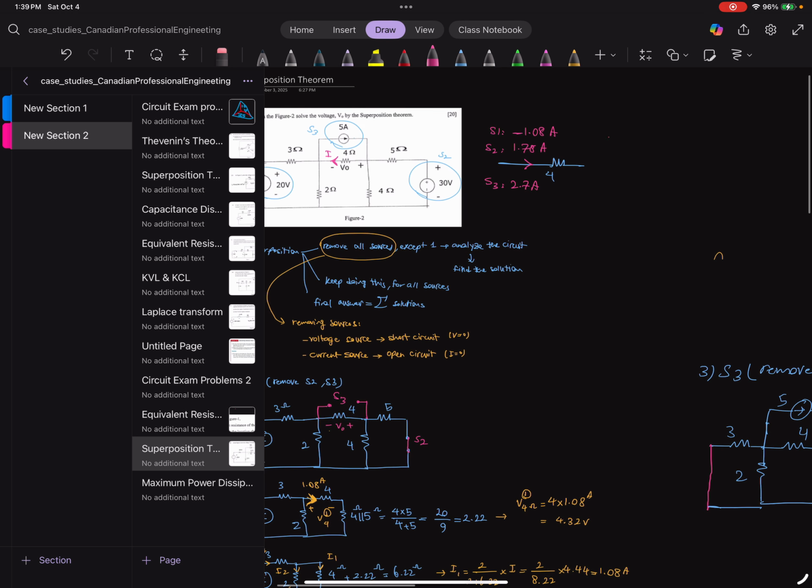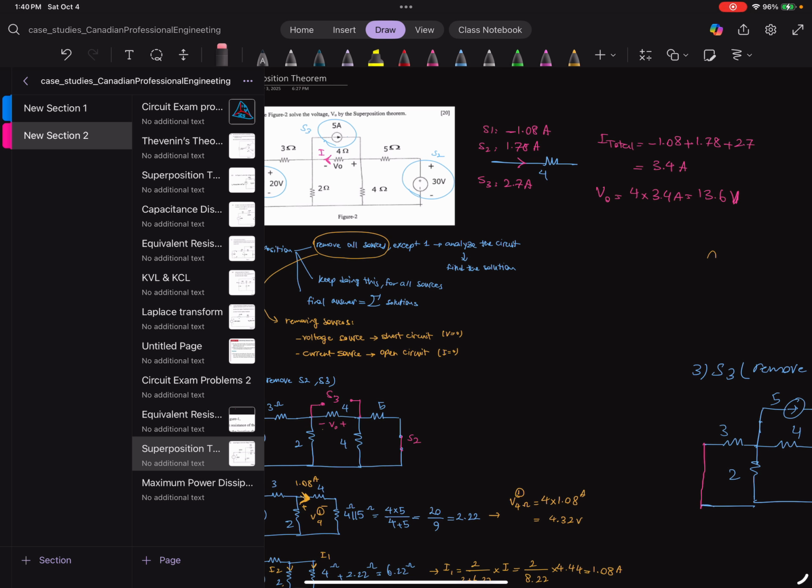So now when we add, I total is going to be minus 1.08 plus 1.78 plus 2.7, it's going to be 3.4 amp. And then V naught in the polarization that it showed us is going to be 4 multiplied by 3.4. It's going to be 13.6 volt in total.